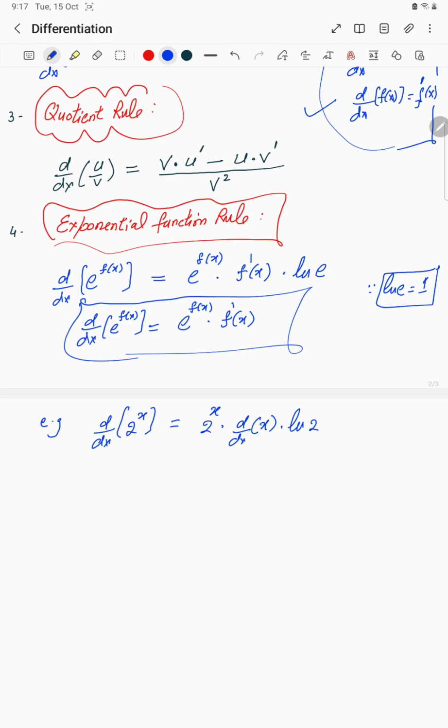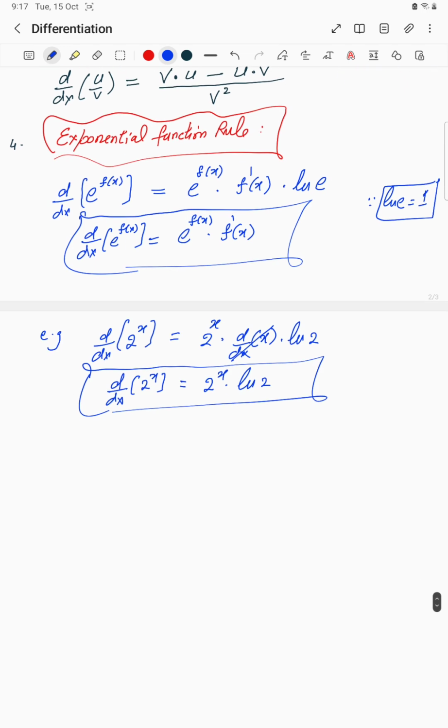And dx by dx cancels. We will find d by dx of 2 raised to power x will be 2 raised to power x times natural log of 2. So this will be the answer of this question. Just apply rule number 4 and you will get the result for an exponential function.